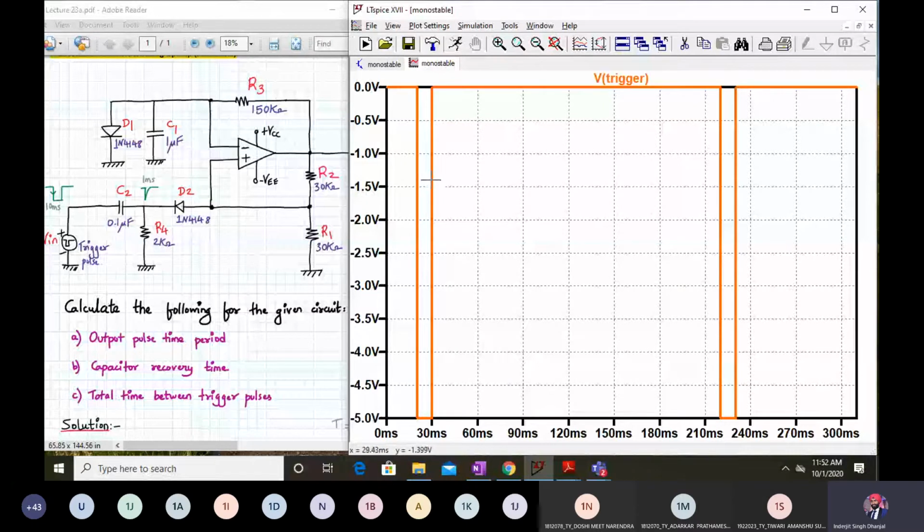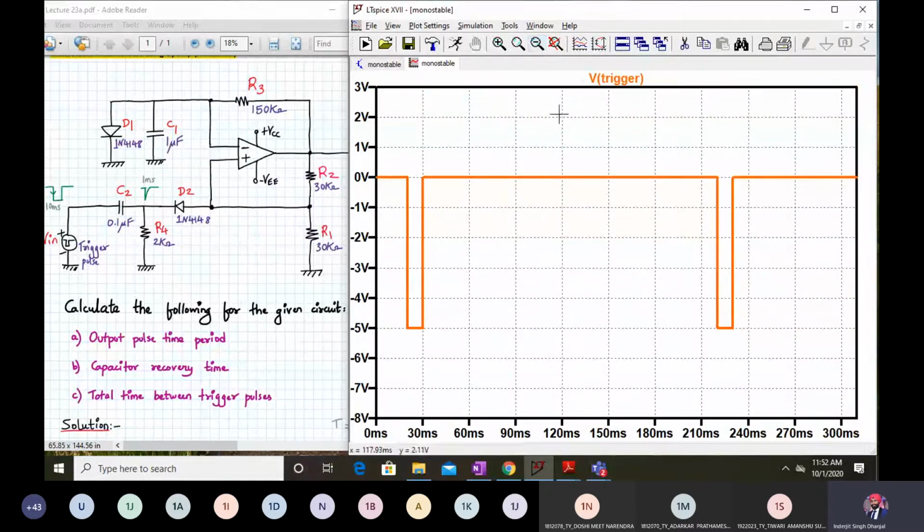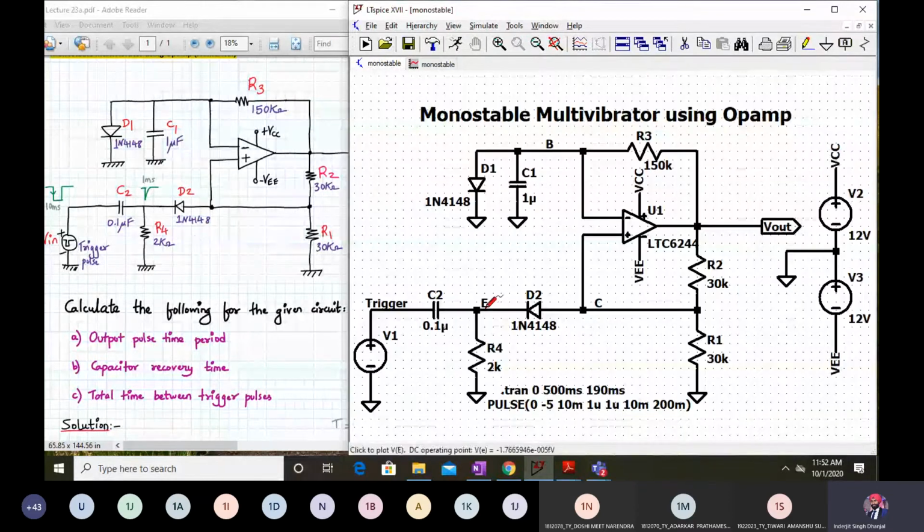How 10 milliseconds? This is around 30, and this is around 20. So 30 minus 20 is 10 milliseconds. Are you understanding, everyone? Now I want to plot this E voltage here, the negative spike, to show you all.